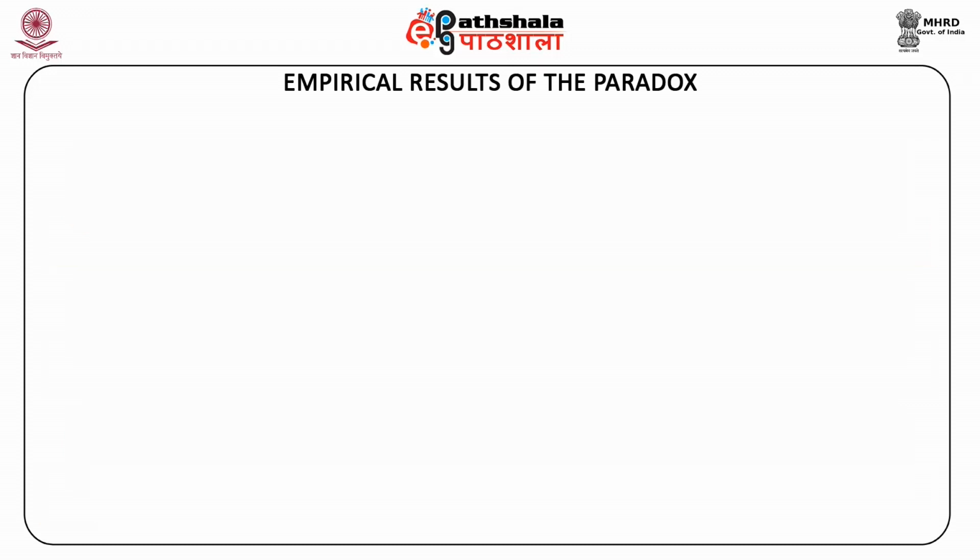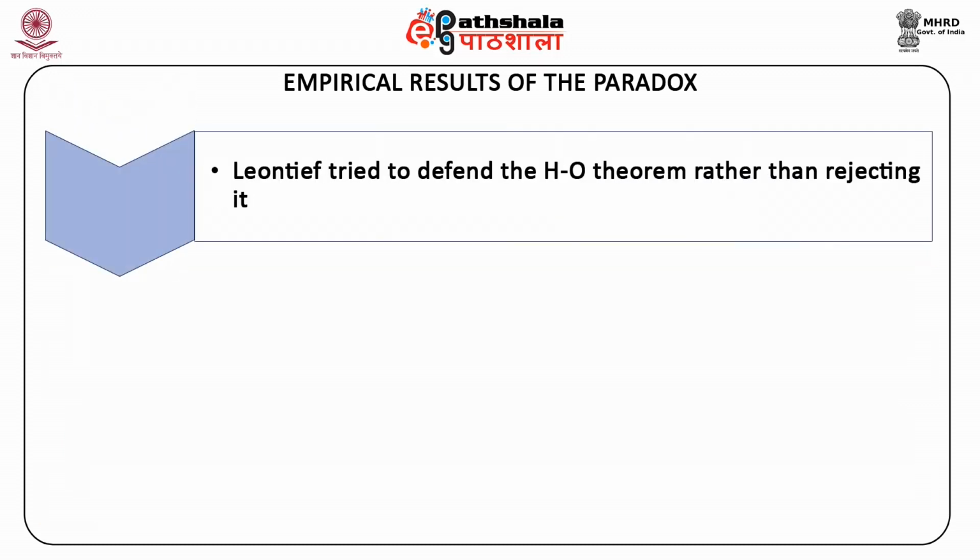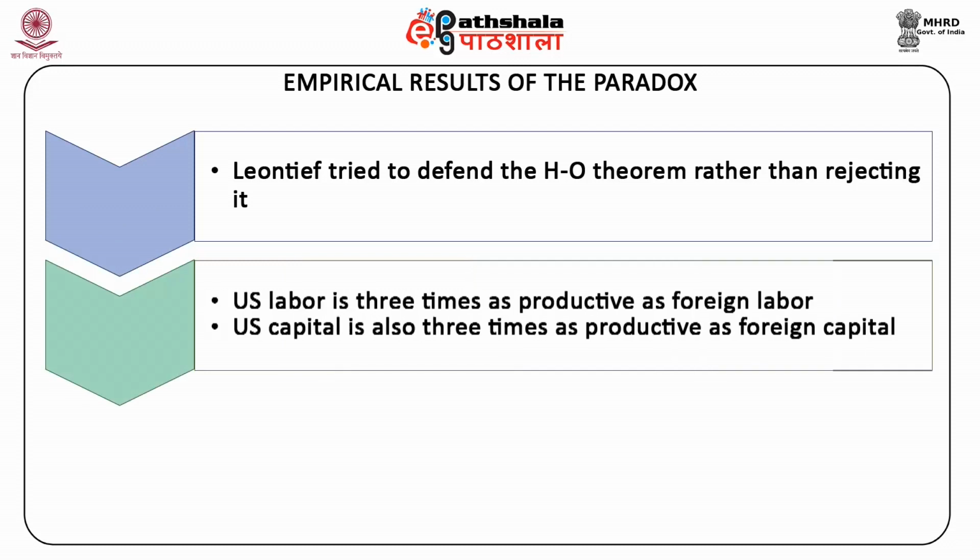In the same study, Leontief tried to defend the HO theorem rather than rejecting it. He argued that US labor is 3 times as productive as foreign labor, and the US will become a labor abundant nation if we multiply the labor force by 3, and the HO theorem will hold correctly.